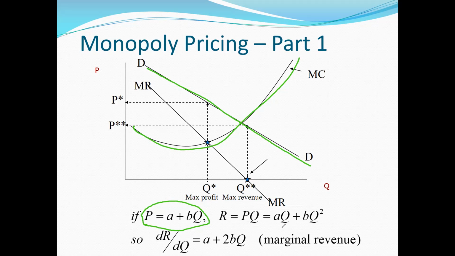AQ plus BQ squared becomes A plus 2BQ. And then this line, A plus 2BQ line, is this line right here. Okay. So this is my red line. I should probably say that here. So the red line on the curve is the marginal revenue curve.